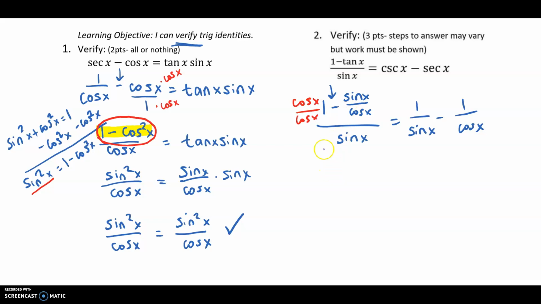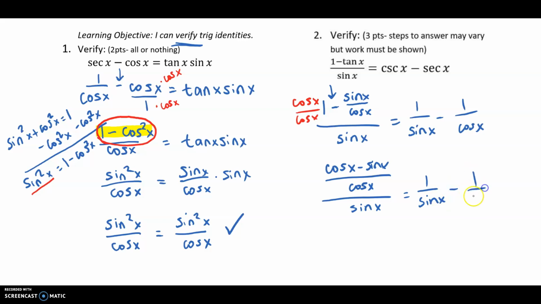So the numerator of this gigantic fraction becomes cosine x minus sine x over cosine x, all over sine x. All right, I think I'm going to leave this alone on the right-hand side for now because I don't know what's going to come on the left-hand side just yet.